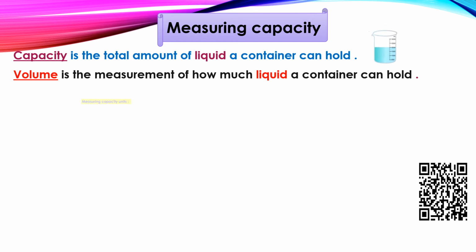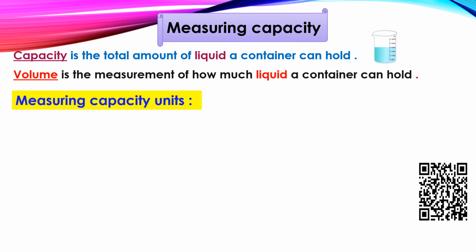Here, let's study together the units of measuring capacity. We have two units, okay? Liter and milliliter. Liter is simply L, and milliliter is simply ml.